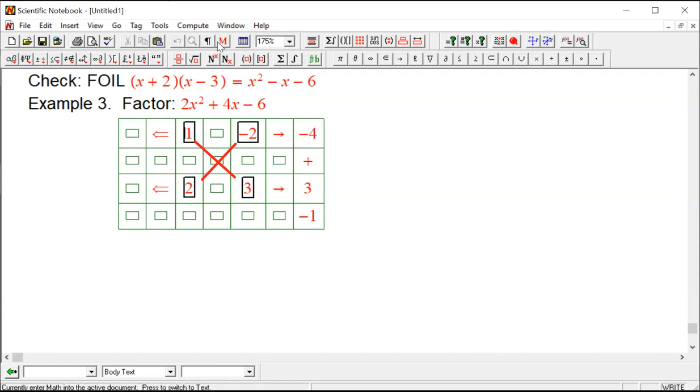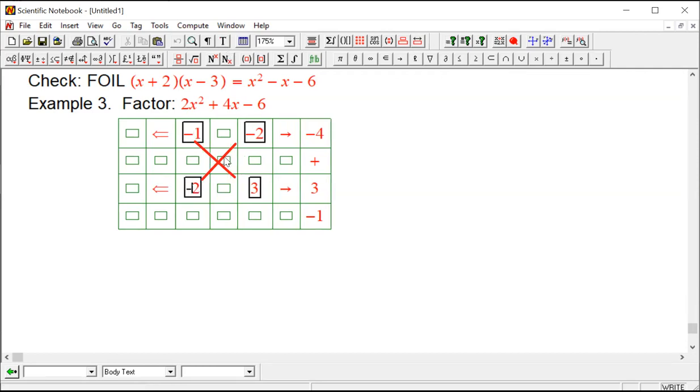It's actually hard to tell, can I factor this easily? We can factor for sure, but can we factor this easily? So you may try -1 times -2, because that is +2 as well. In this case, -2 times -2 is +4, -1 times 3 is -3, and it doesn't match either.